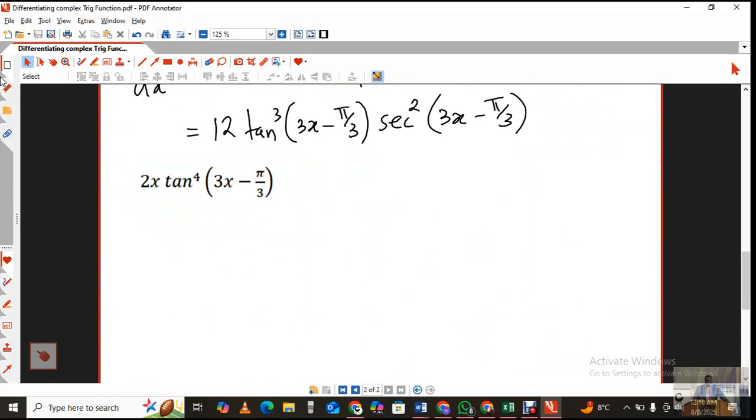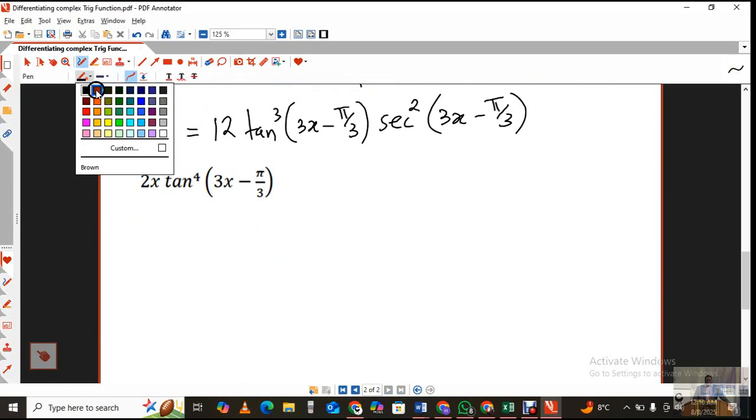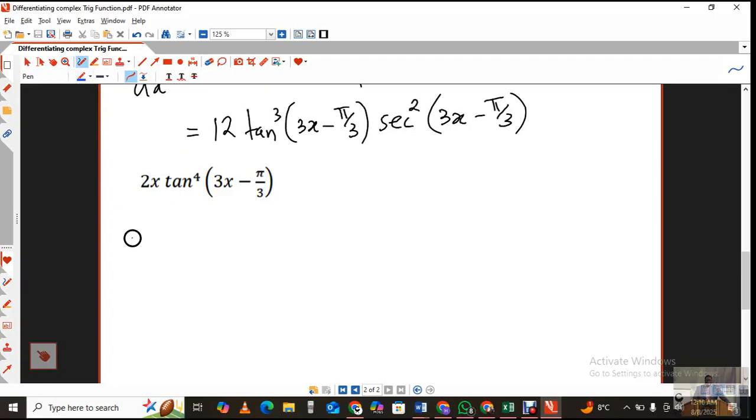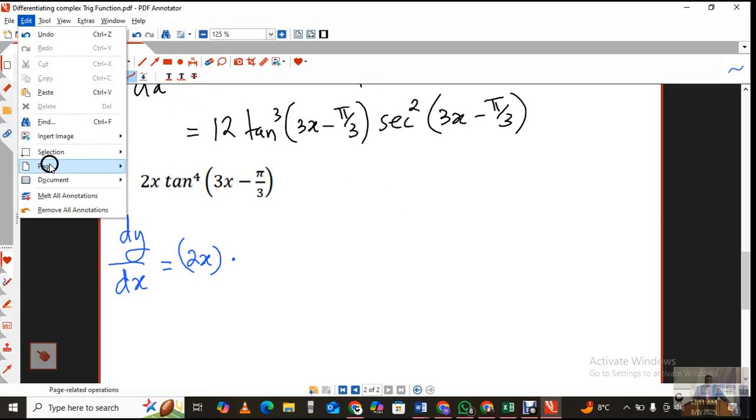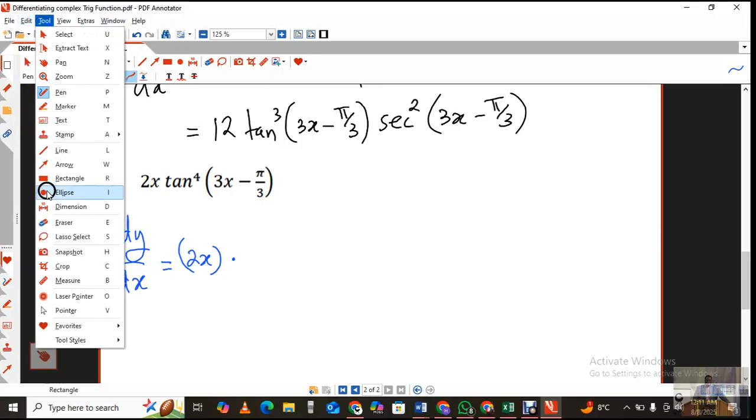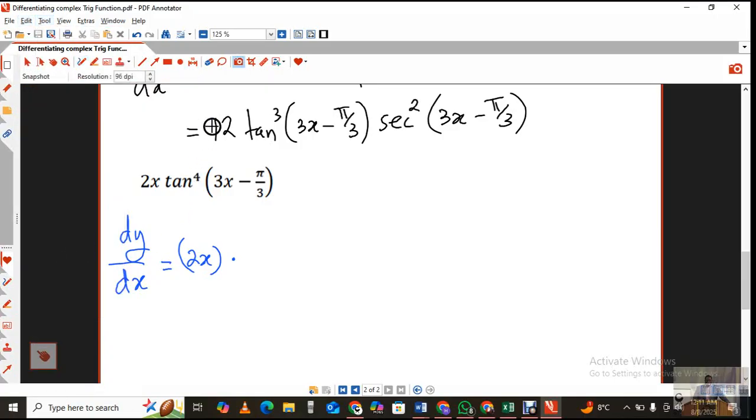If you have to do dy/dx, you keep the first, so 2x remains, multiplied by the derivative of the second, and the derivative of the second is all of this.